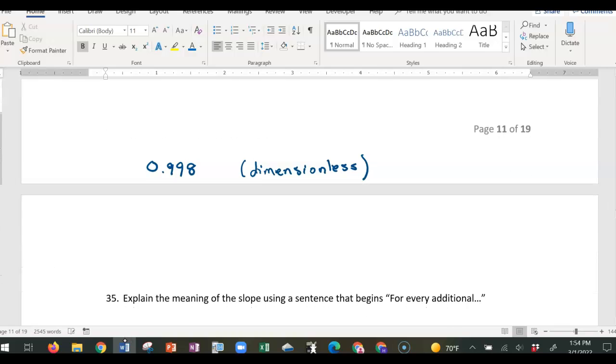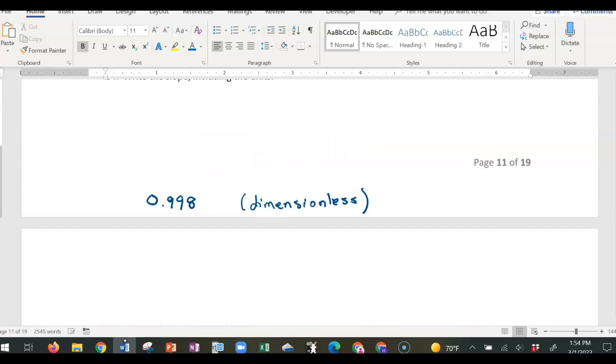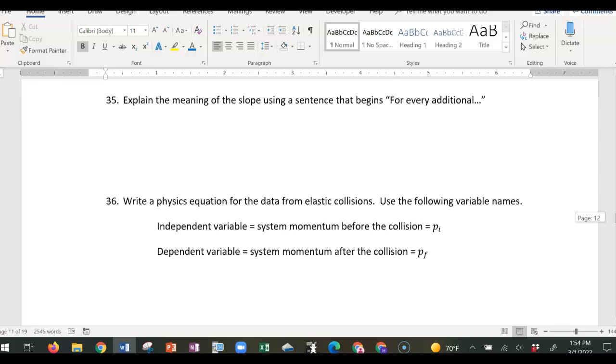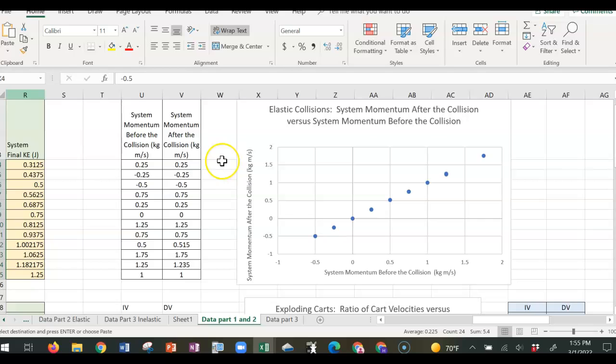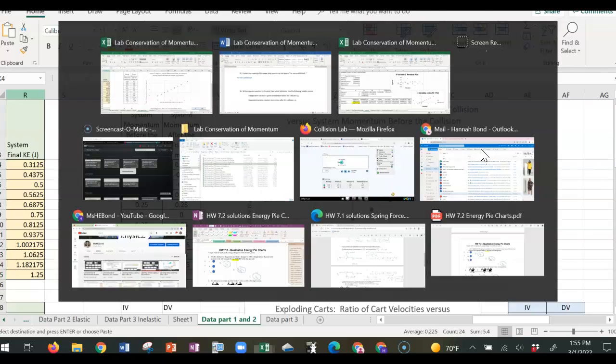Then it says, explain the meaning of the slope using a statement that begins "for every additional." If I look at the graph again, if the momentum before the collision increased, the momentum after the collision also increased.